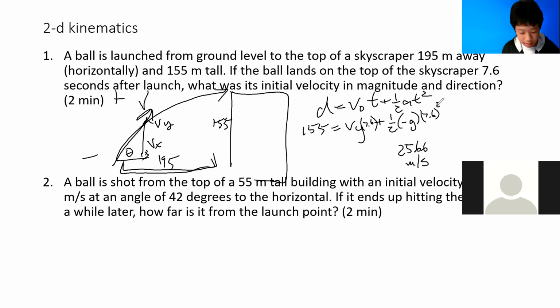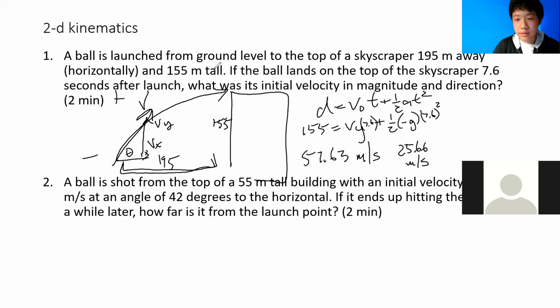So what is that going to be? 155 plus 0.5 times 9.8 times 7.6 squared, divided by 7.6. So our vy is going to be 57.63 meters a second.